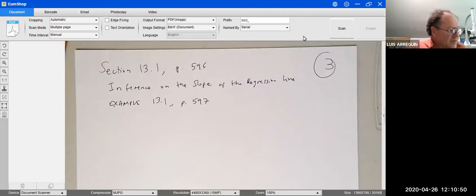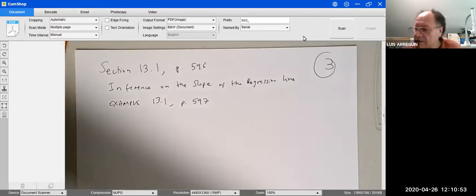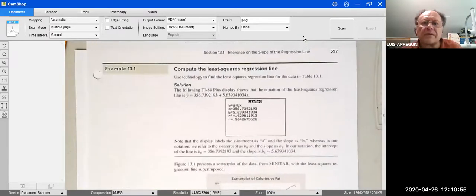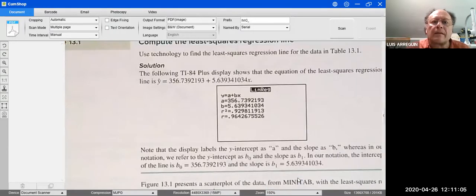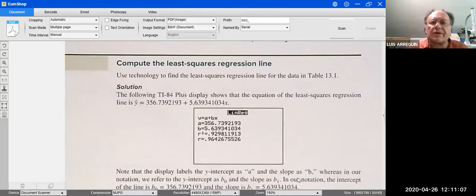So let's read that example. The example says the following. We're gonna use technology to find the least square regression line for the data in table 13.1.